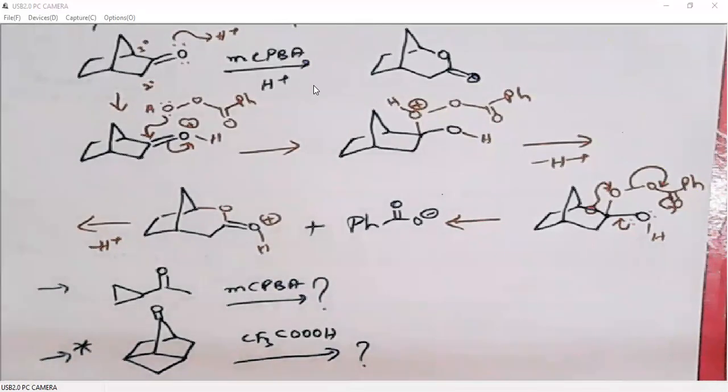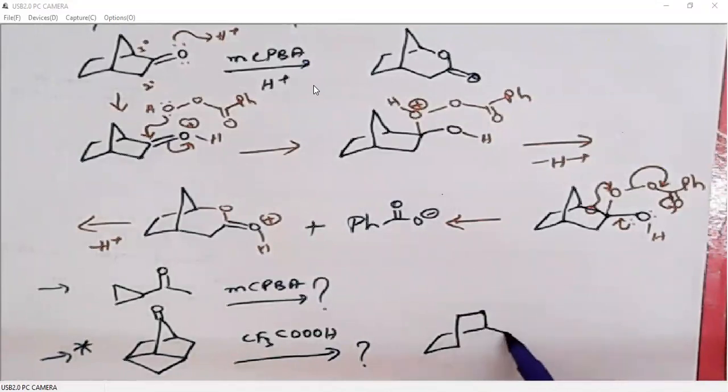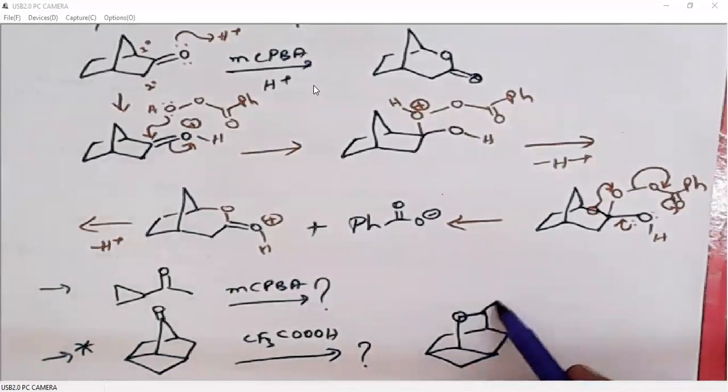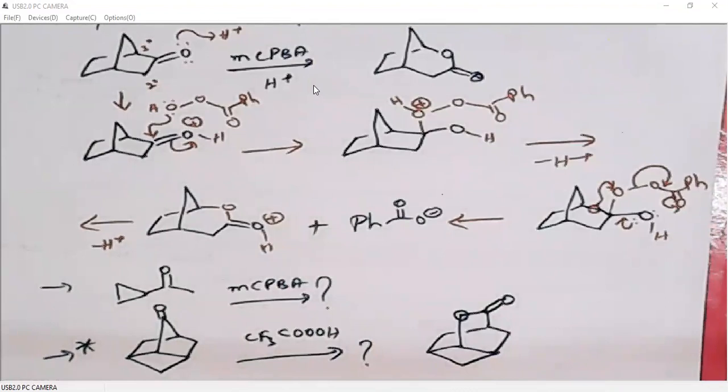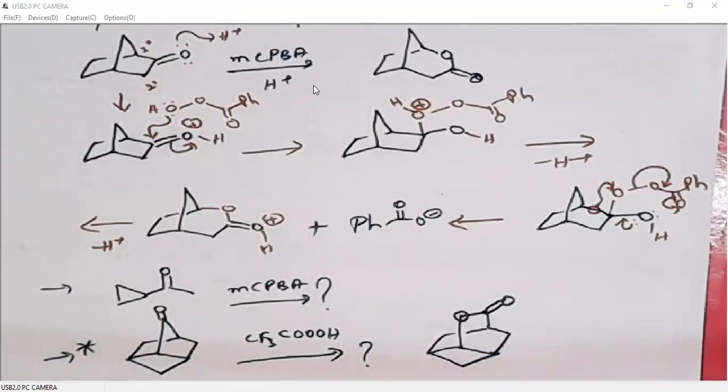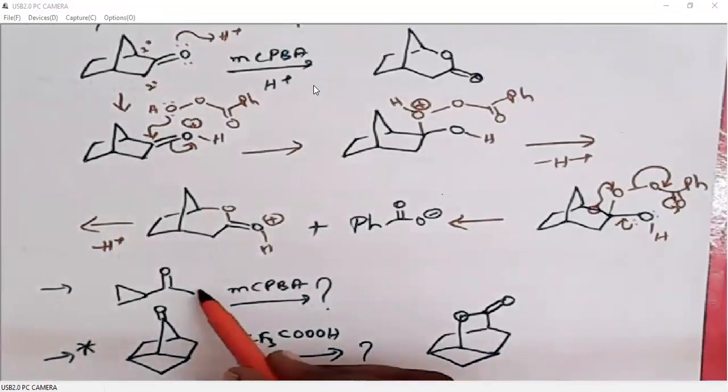Okay, so you need to remember this. In this case, it is just a methyl group.